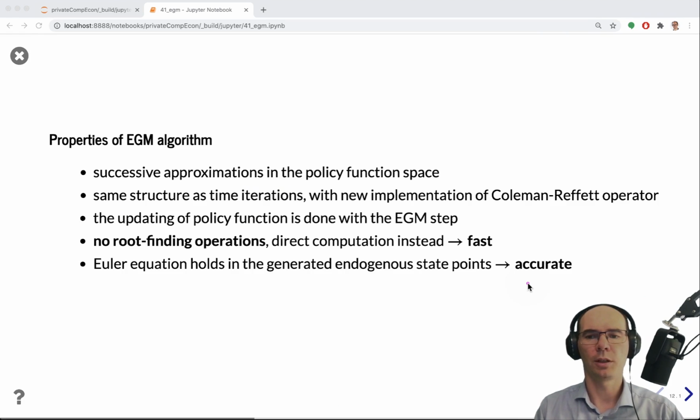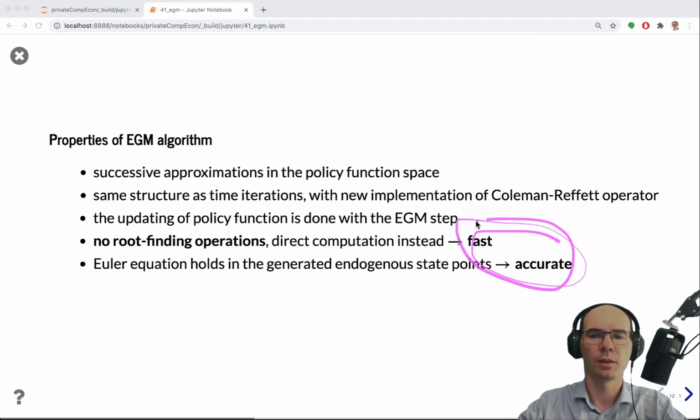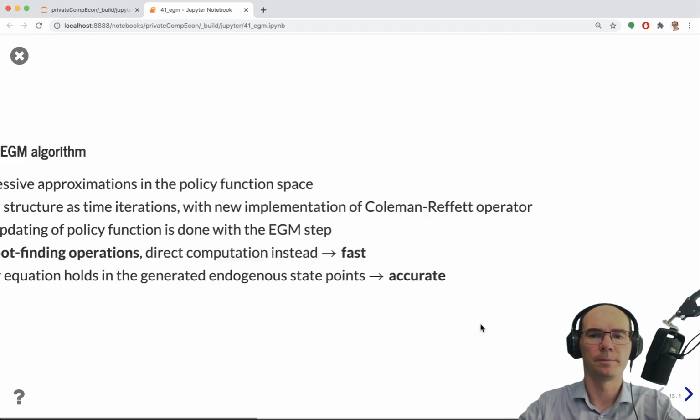Similar to what I said about the time iterations, because policy functions are less curvy compared to the value functions, they're more linear. So the interpolation, at least with the linear interpolation, is much more accurate. This is another good reason for the EGM to be very accurate. So it's both accurate and fast. Wonderful. The trade-off that we usually face is no more here.